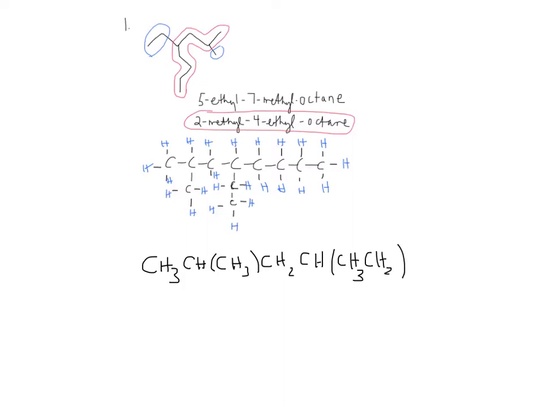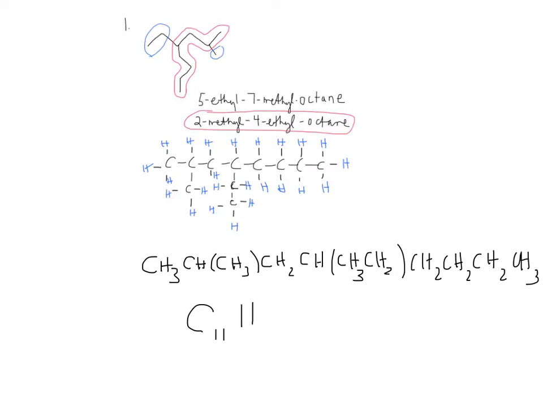And the rest of it is just CH2, CH2, CH2, and CH3. So there's a total of 1, 2, 3, 4, 5, 6, 7, 8, 9, 10, 11 carbons.